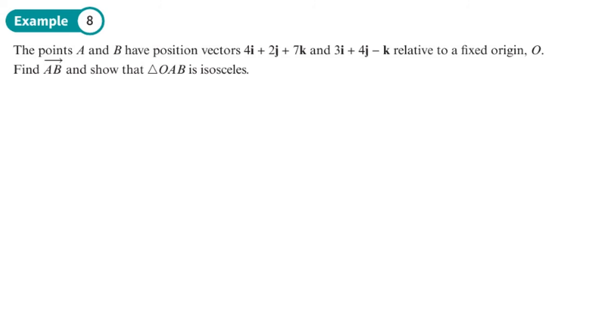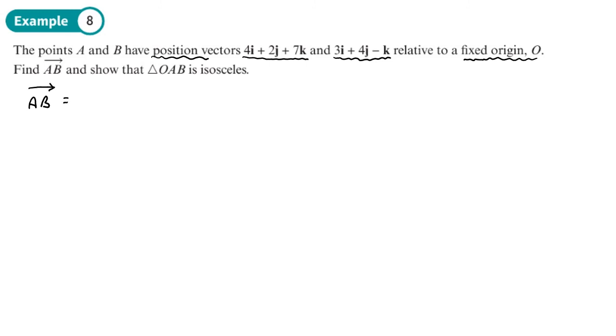Right, so we have position vectors here, which are these two, and they're always relative to a fixed origin. Oh, they put that in, but position vectors are always relative to the origin. Find AB and show that OAB is isosceles, right? So let's find AB first of all. So A to B. So I'm going to do it my quick way.